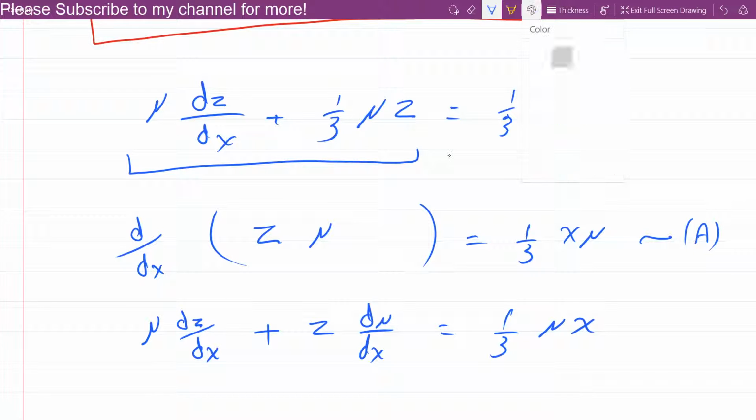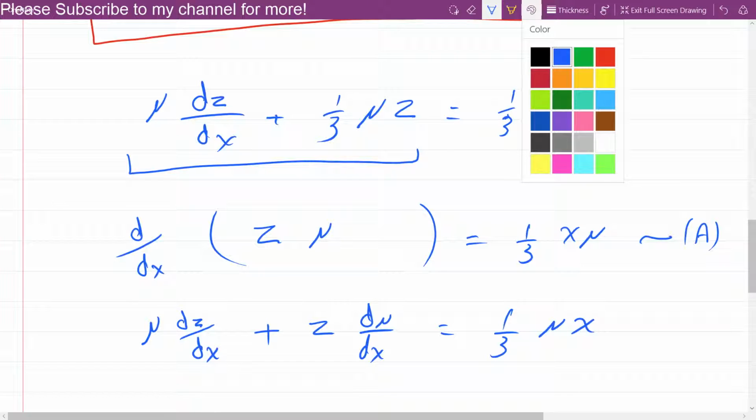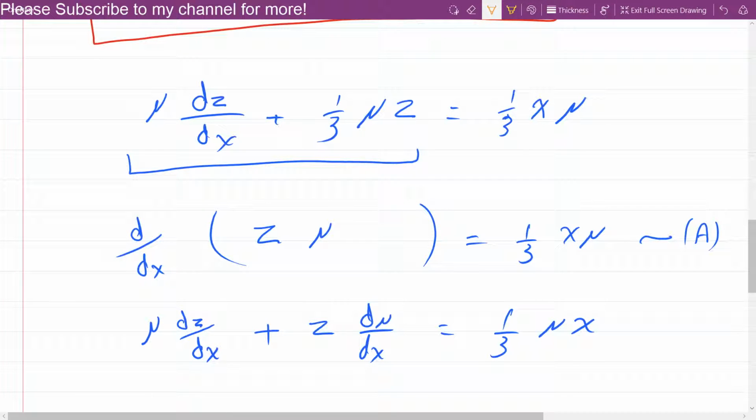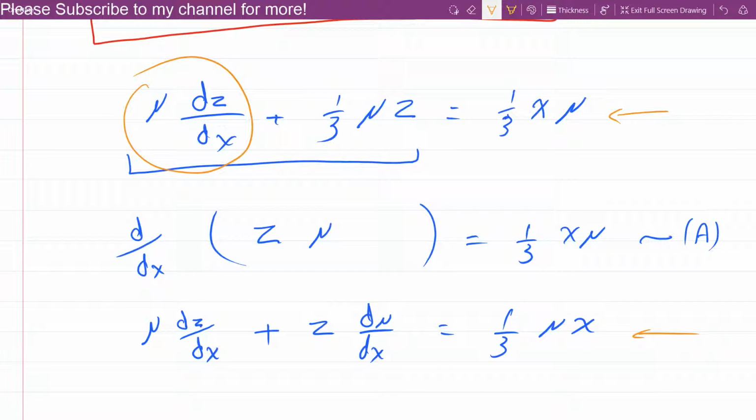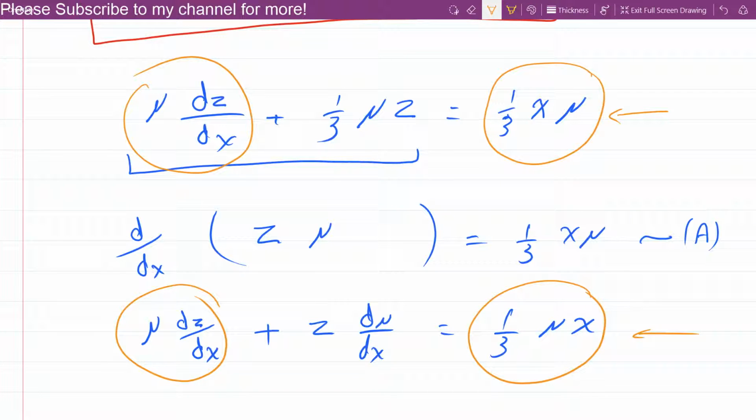Now if I compare this equation here with this equation, we can see that the first term is the same, the last term is the same, which means that the middle term has to be the same.